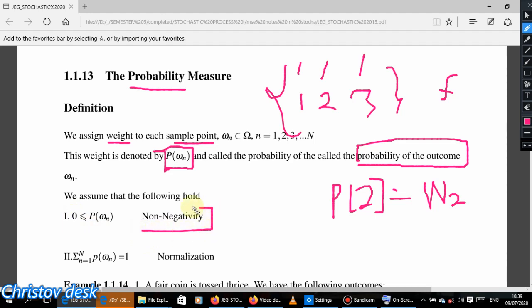And then, because it's a sample space, the weights that you give to all the possible outcomes, when you sum all of them, should give you a 1. These are the only elements in the sample space that can happen, so the probabilities assigned to each of them should sum to 1, and that is the normalization. So take note of that.